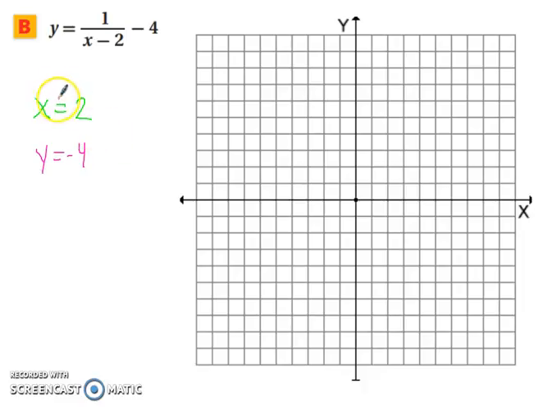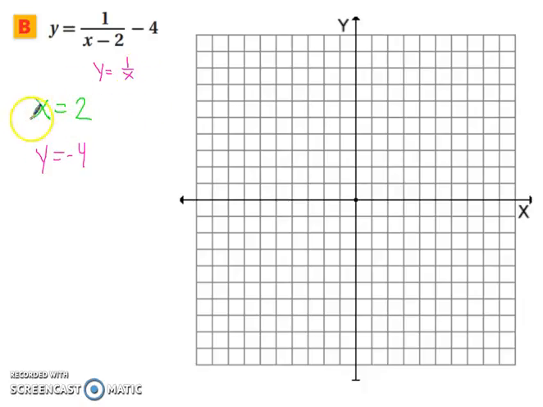But what's really cool about this function is notice how there's a 1 as our a value, or a 1 in our numerator. So therefore, we can just translate our parent function. So we can just translate our y equals 1 over x. We don't actually have to make a table of values. However, if you can't quite remember what the parent function is and what it looks like, you can always make a table of values and get what you're looking for.